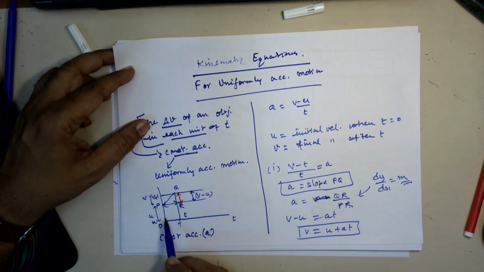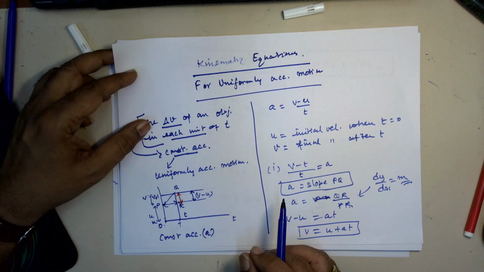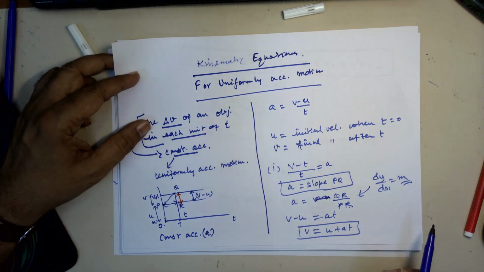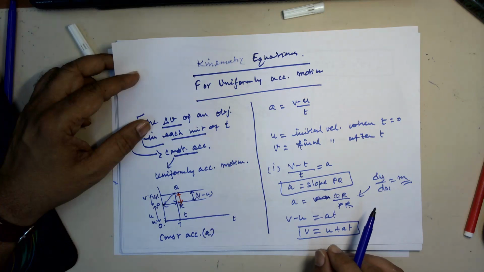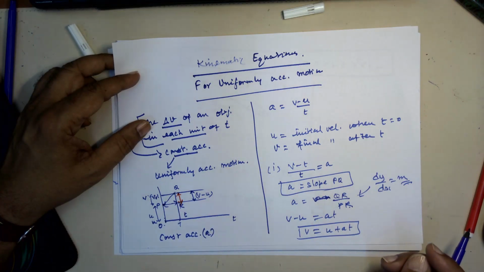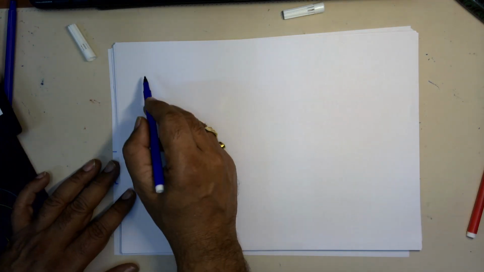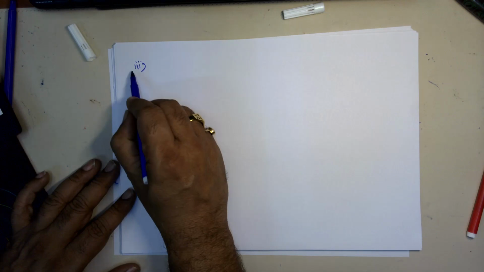That is U, from 0 to P. So first move from 0 to P and then P to Q, and this distance is V minus U. Okay, got it.